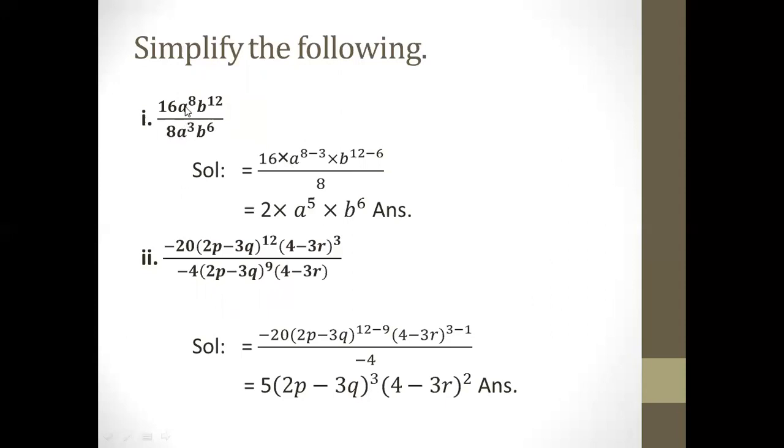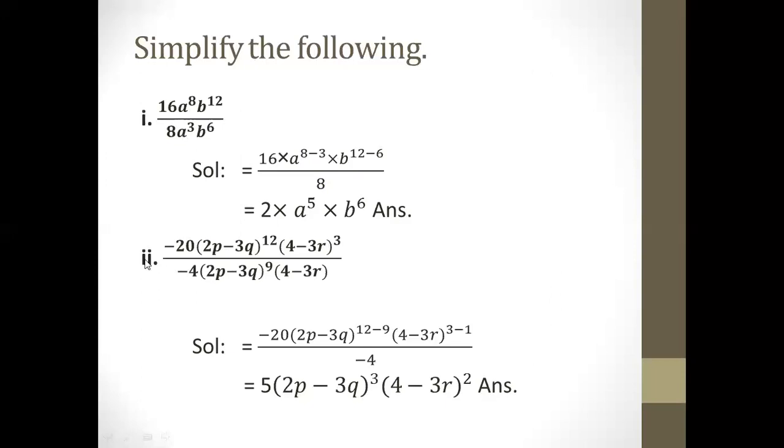We are going to use second law, quotient law. What you have to do? You have to write base ones and subtract the exponent, 8 minus 3, right? And then again we will use the same law. We will subtract the exponent, and in denominator we have just 8. 8 ones are 8, 8 twos are 16. After simplification, 8 minus 3 is 5, and b with 12 minus 6 is 6, right?